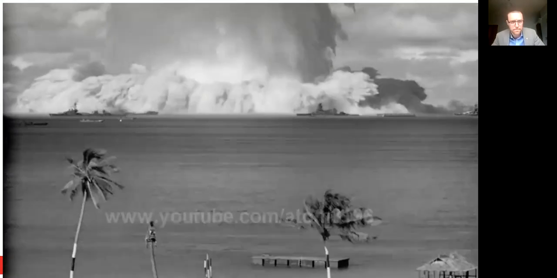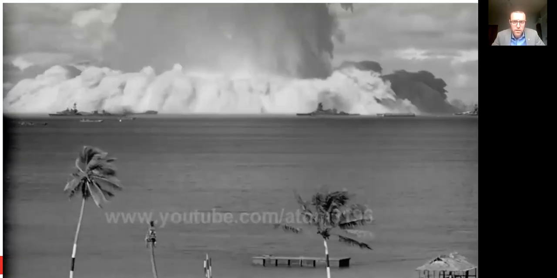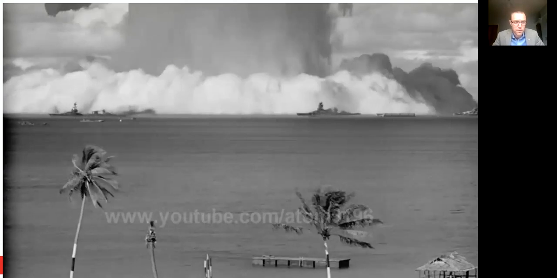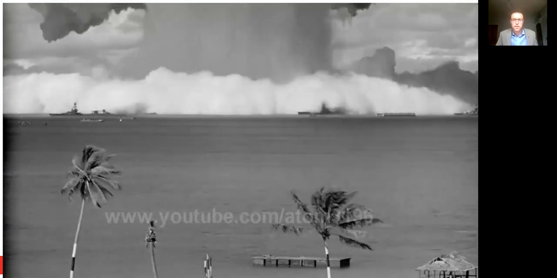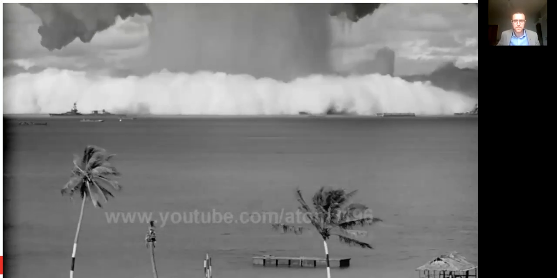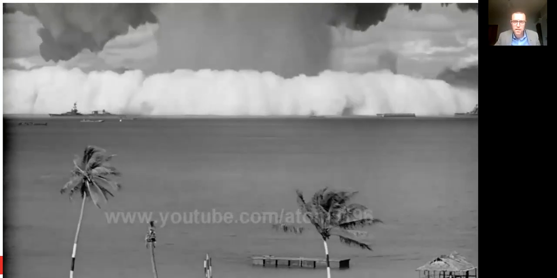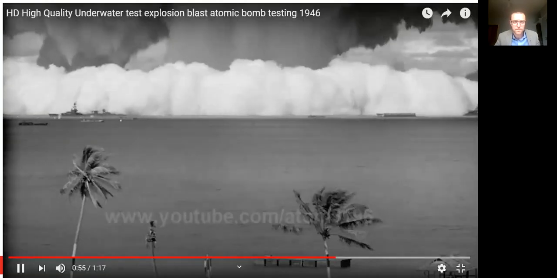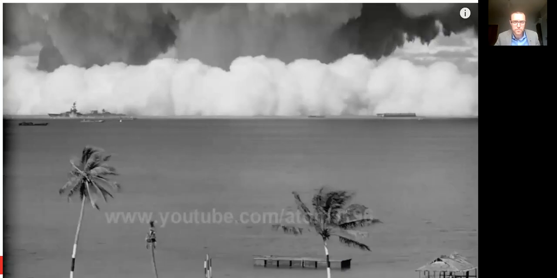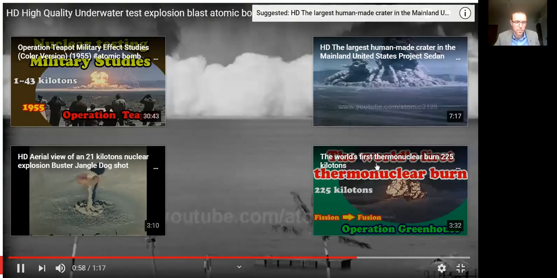Oh, and then we hear it. And if you look at the ships, there is something else which is coming towards the ships. What's that? It's engulfing them, completely destroying them. Okay, we'll pause that here.